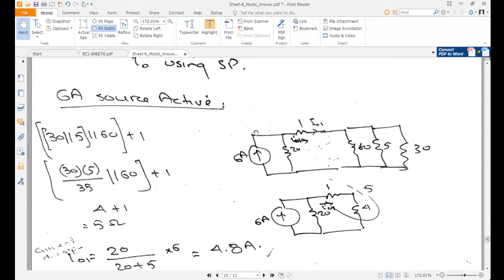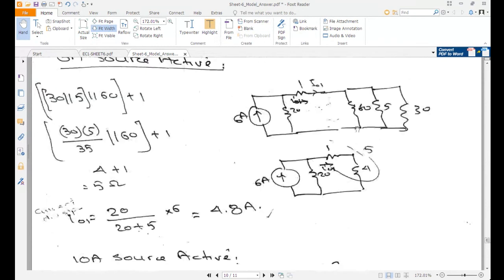This is the total current. The current has been divided here and here. So these are all parallel: 30 parallel 5 parallel 60, plus 1, it will be 5. The total will be 5.